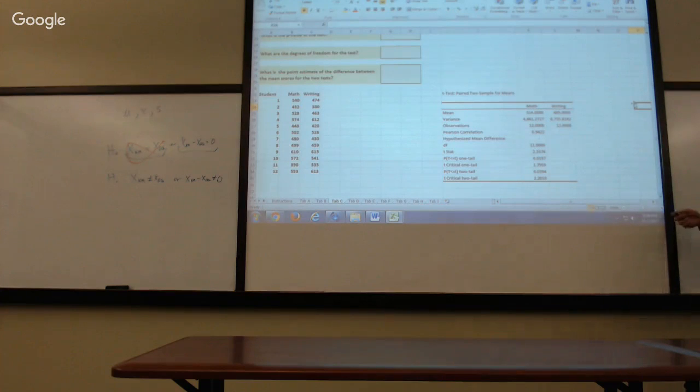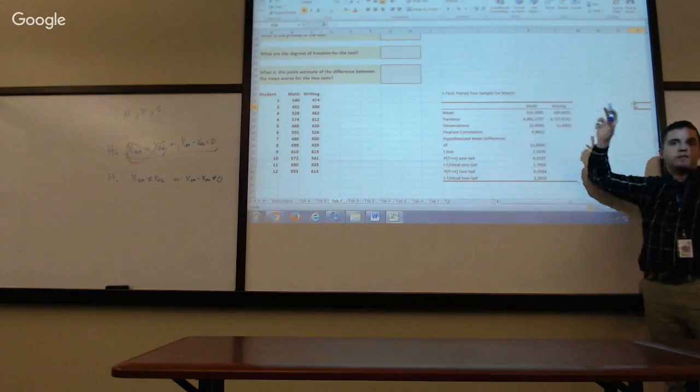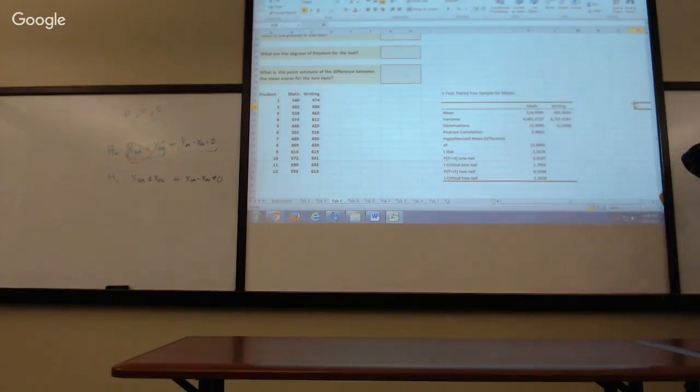If we reject the null hypothesis, we're saying that for this sample of students, there is a statistically significant difference between their math score and their writing score. There's a difference between the two, and that difference is statistically significant.